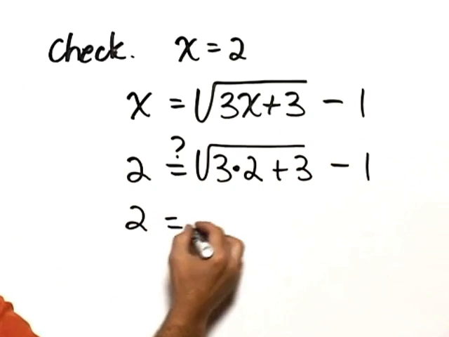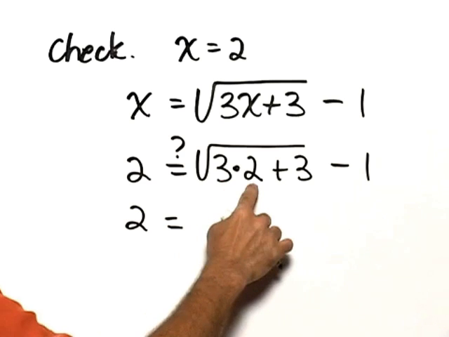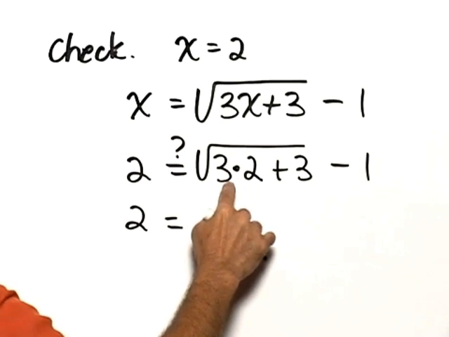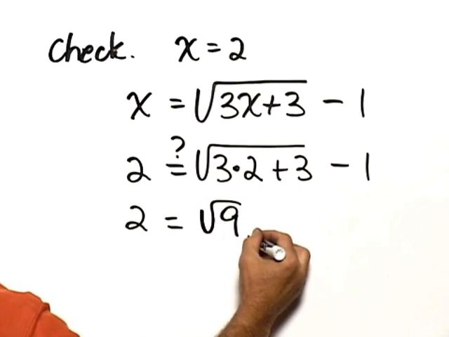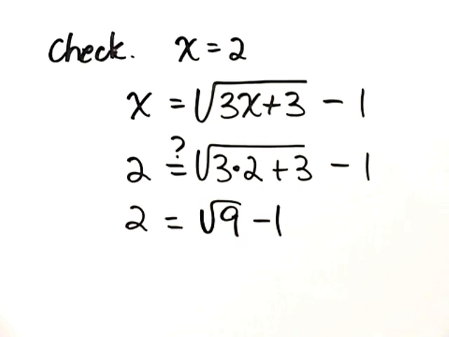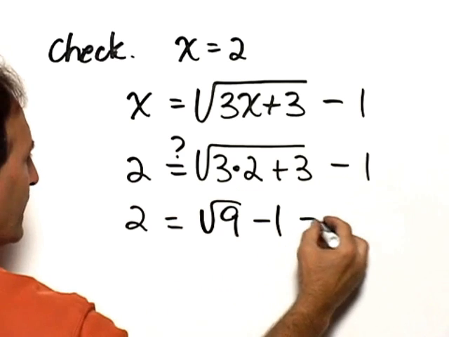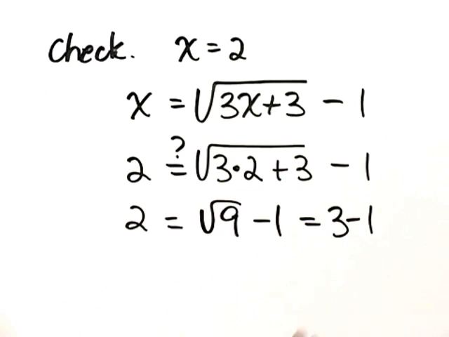So that's 2 equals, 3 times 2 is 6, 6 plus 3 is 9. So that's the square root of 9 minus 1. Well, the square root of 9 is 3. This is 3 minus 1, and 3 minus 1 definitely equals 2.